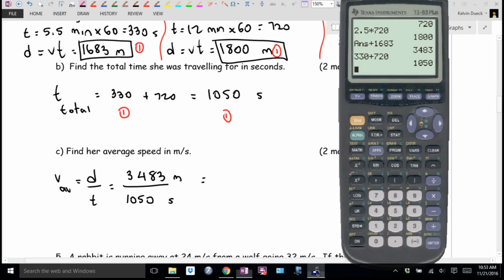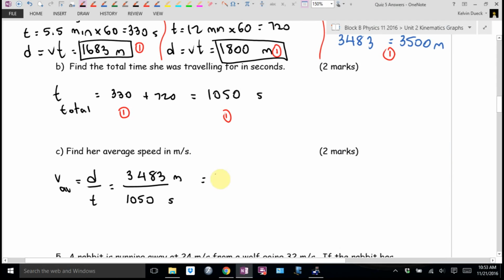I like that. 3,483 divided by 1,050. Do you get an average speed of 3.3 meters per second? I would give you 1 mark for that, half mark for the numbers, half mark for the answer.